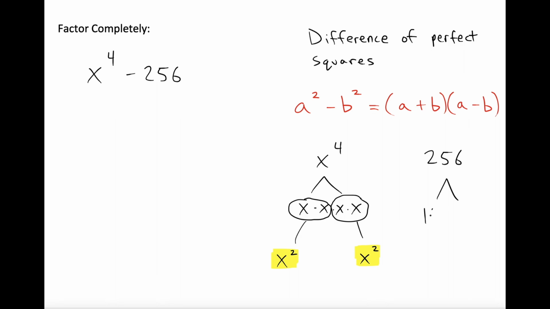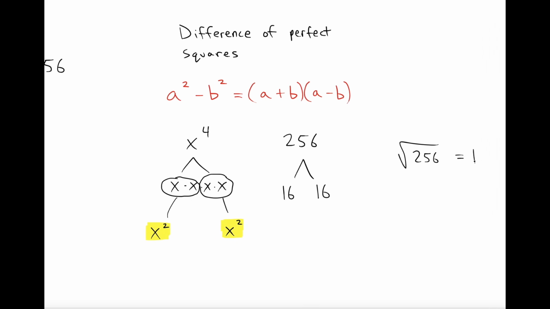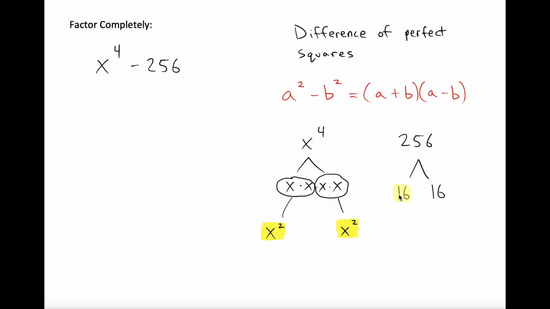When it comes to 256, it happens to be 16 times 16. You could do that on a calculator. Just take the square root of 256 and it will tell you 16. So we clearly have a difference of perfect squares.